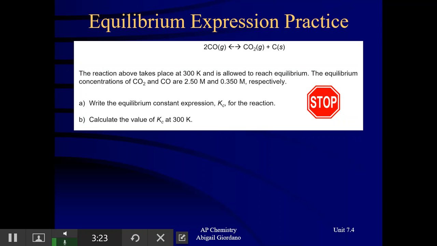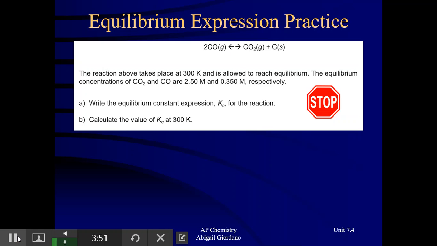You are asked to write the equilibrium constant expression for the reaction. Okay, guys, the word expression means without any numbers yet. Don't plug anything in yet. Just set up that expression. That's letter A. And then letter B actually wants you to plug in some numbers and find the value for K. So pause your video, give it a try.